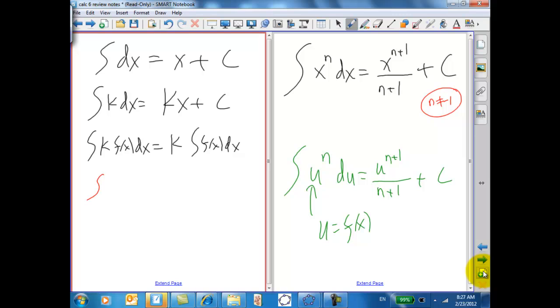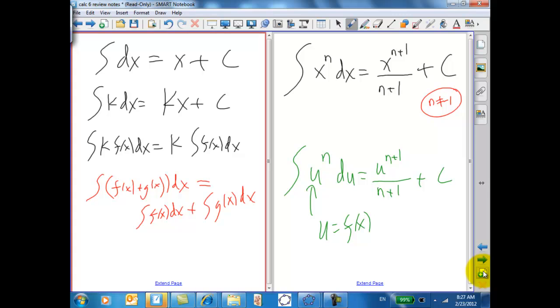Can we do this? Integral of f of x plus g of x dx. What do you get there? The integral of f of x dx plus the integral of g of x dx. You can distribute the antiderivative over addition.